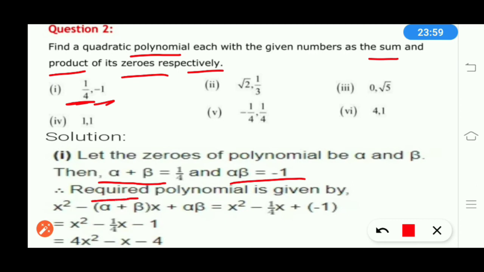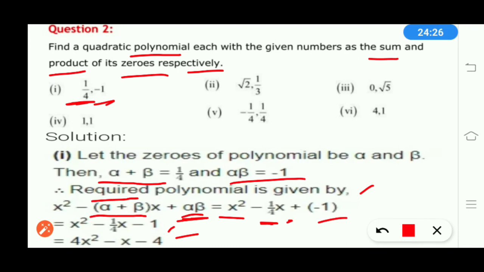So the required polynomial is given by x square minus (alpha plus beta) into x plus alpha beta. So x square minus 1 by 4 into x minus 1. So you can directly write this, that is 4x square minus x minus 4. Clear? So Roman number 1 is complete.